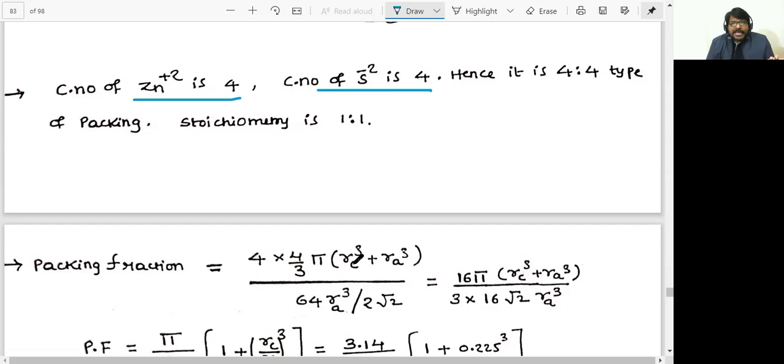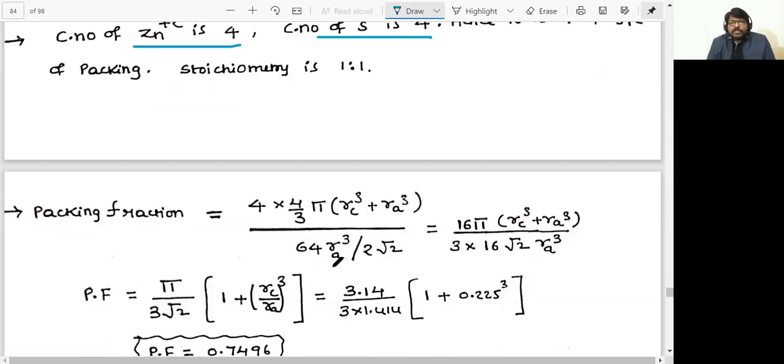There are also 4 anions. That is 4 into 4 by 3 pi ra cube. Because here there are 4 anions and volume of each anion is 4 by 3 pi r cube. And since it is anion, I'm writing Ra. And here 4 into 4 by 3 pi is common. And what about this value?